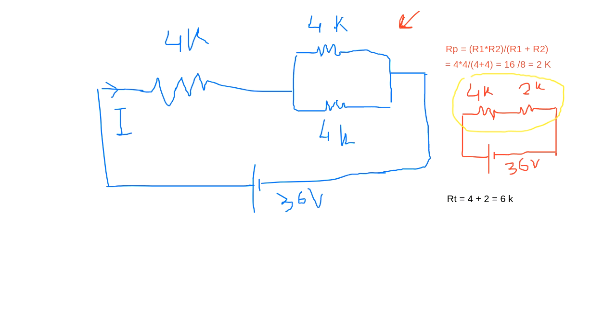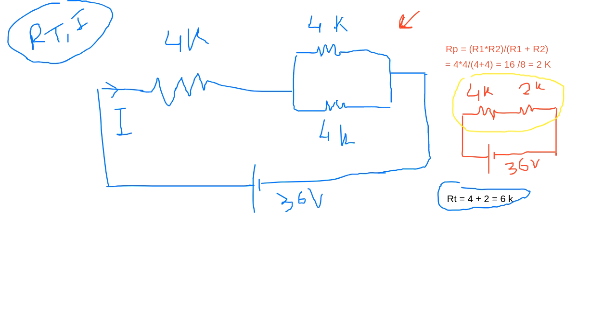So what was the question? The question was to find out R total and the current I. So the result is R total equals 6 kilo.